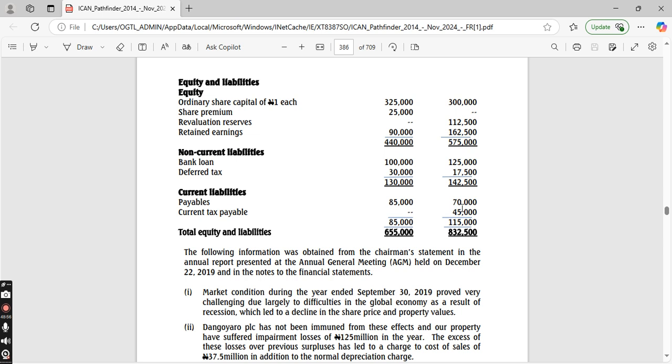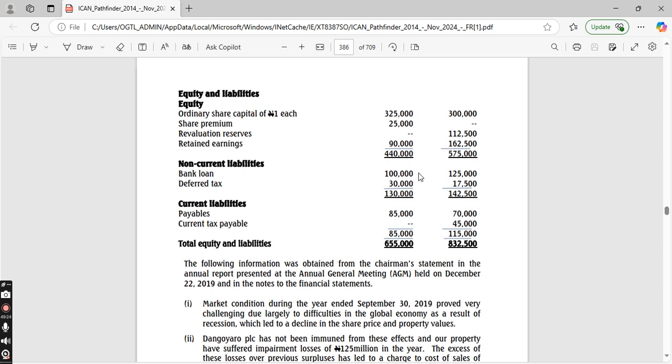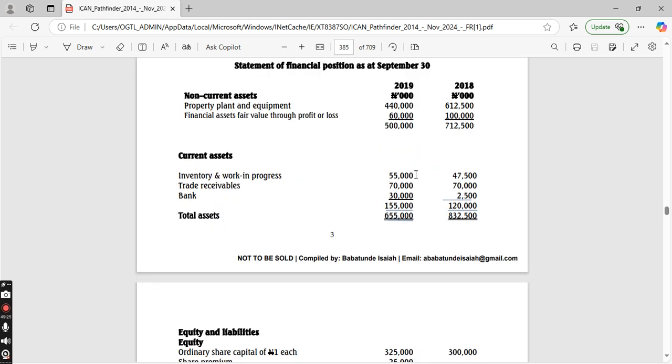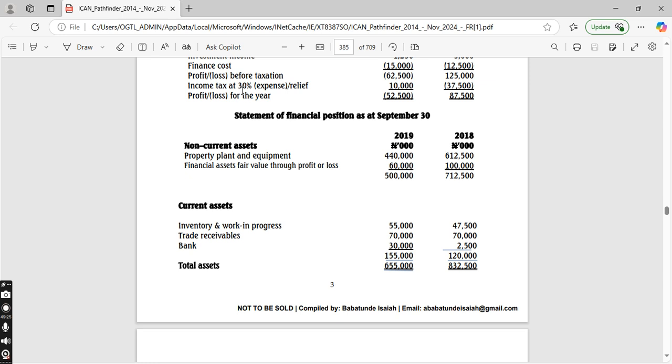Yes. So we have a deferred tax of 17,500 last year. We have a deferred tax of 30,000 this year. What's the difference between them? 12,500. Now, this deferred tax of 12,500, at the end of the day in our income statement, we have a relief of 10,000.